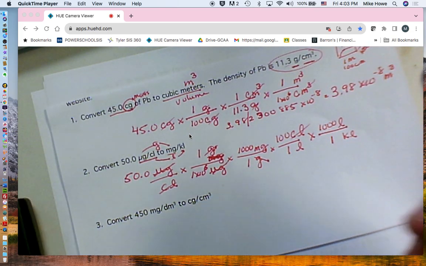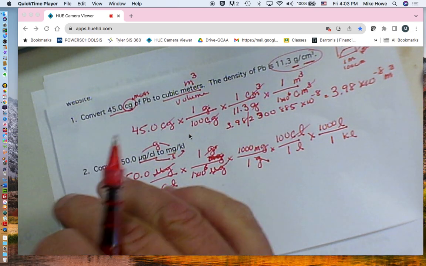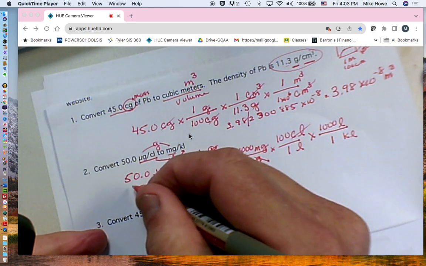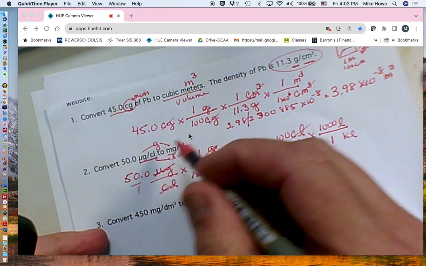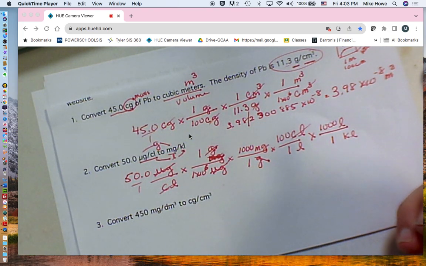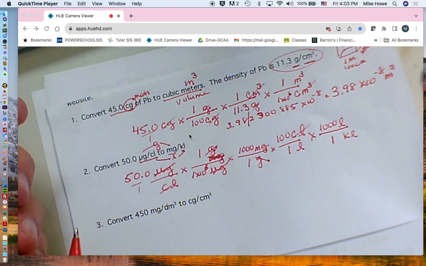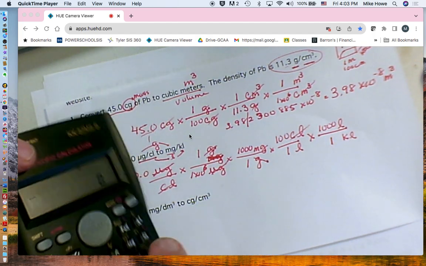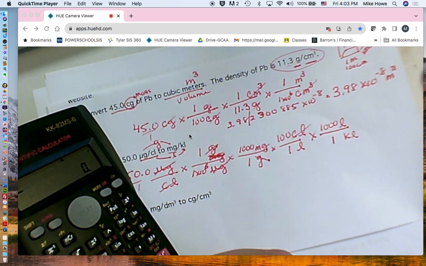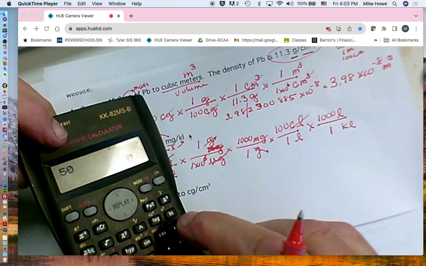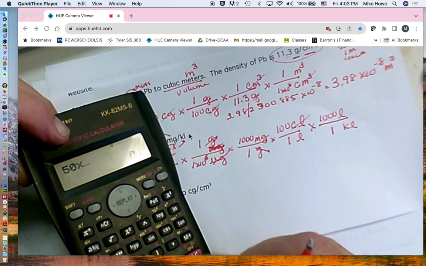All right, so now we need to do the math. We multiply everything across the top and divide by every number on the bottom. And remember, there is an imaginary 1 under here, so the 50 is on the top, just like the 45 was on the top in problem number 1. So we have 50 multiplied by 1,000 times 100 times 1,000.